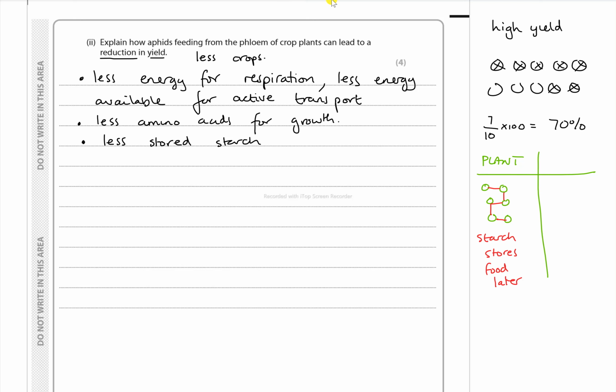Right, now with humans or animals, we've got sugar in the form of glucose, glycogen, sorry, insulin joins them together and it stores it as glycogen and stores it in the liver and muscle cells for food for later.